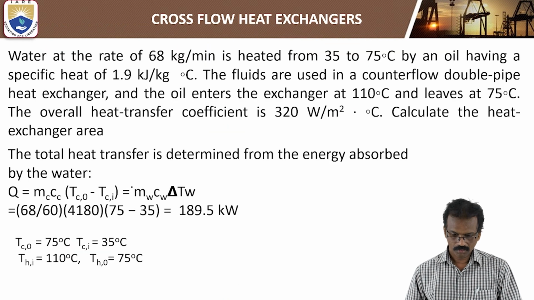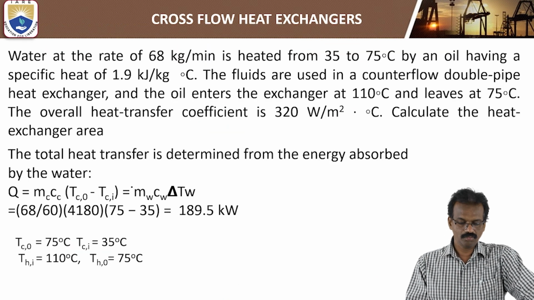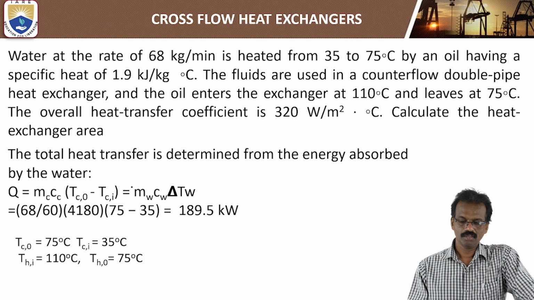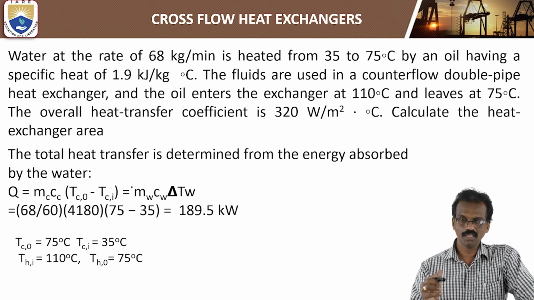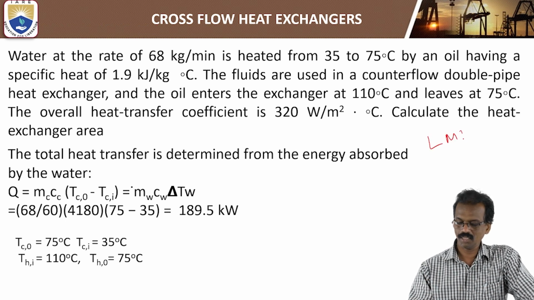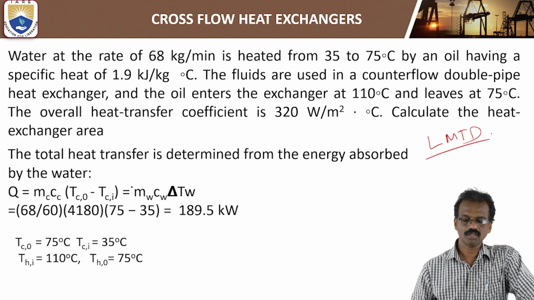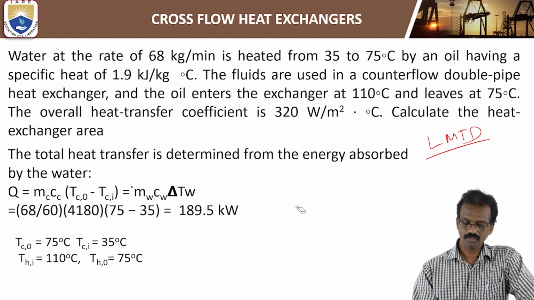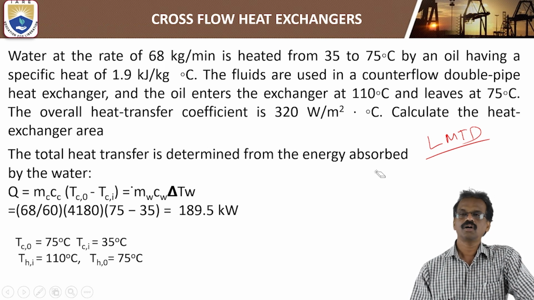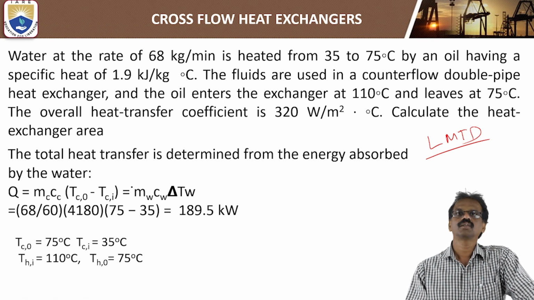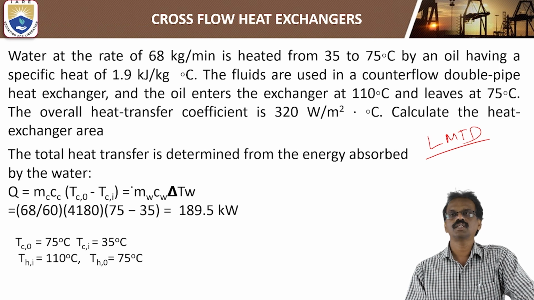We'll solve one numerical based upon the LMTD method. Initially I'm taking the LMTD method, because cross flow is completely related to LMTD. After that, we will solve the cross flow heat exchangers.